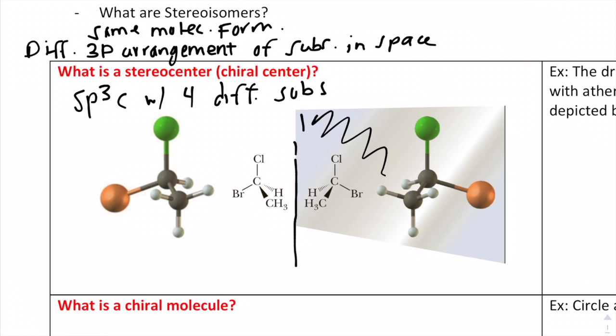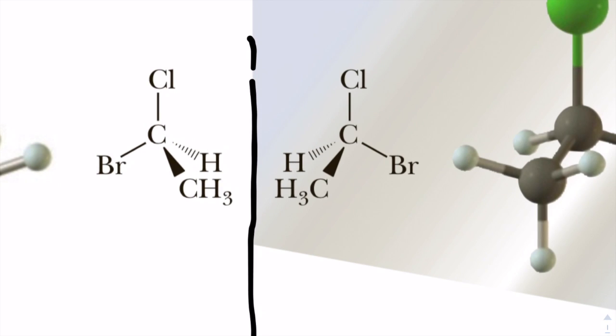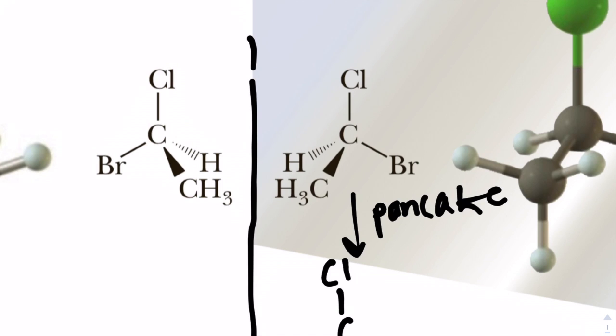But if I were to pancake flip this molecule on the right over, would it completely overlap and be the exact same thing? Let me draw out the Natta projection for you. If I were to pancake flip that, it would look something like this.